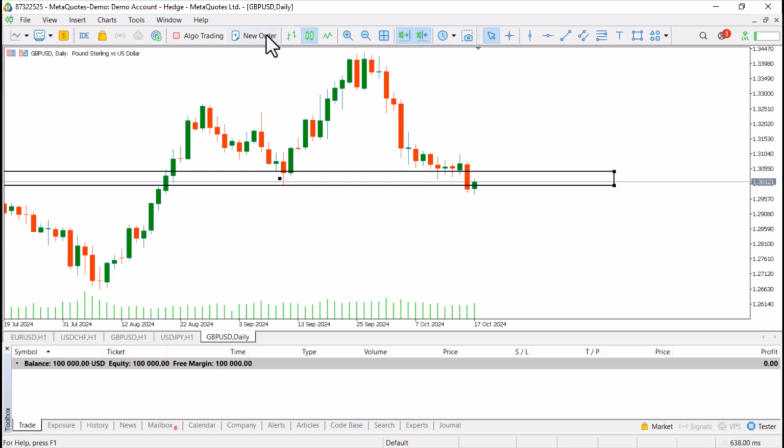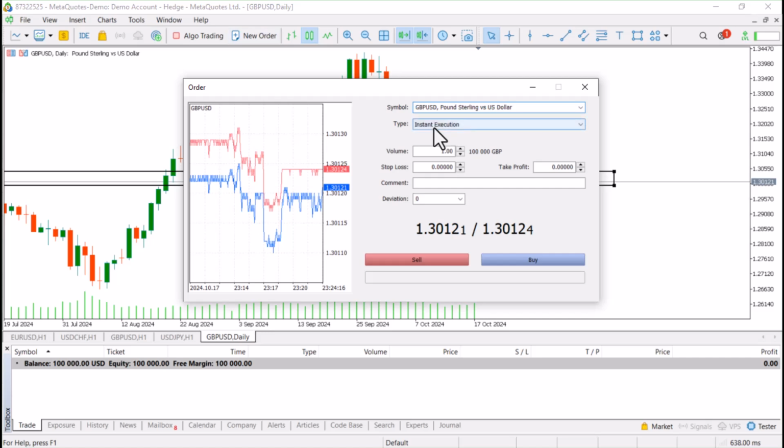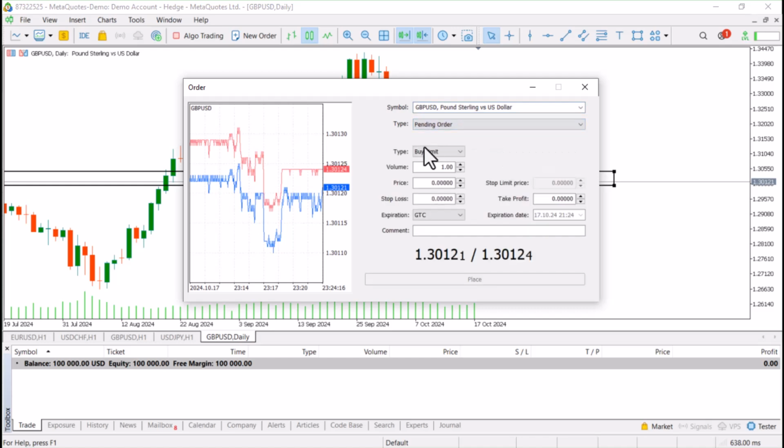We click on new order and we see instant execution. If we are not comfortable to buy with instant execution, then we click on pending order and we have a new tab which shows us buy limit. But buy limit is not the only available pending order. We have lots more pending orders. These orders are orders to buy at a future price.